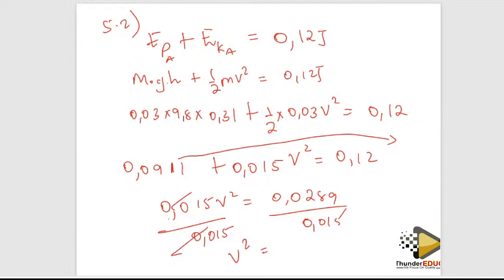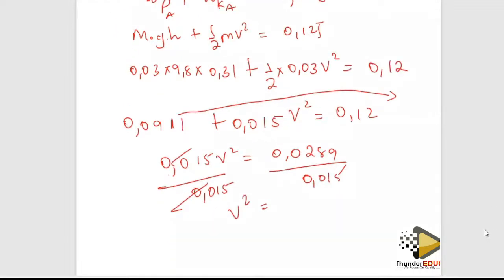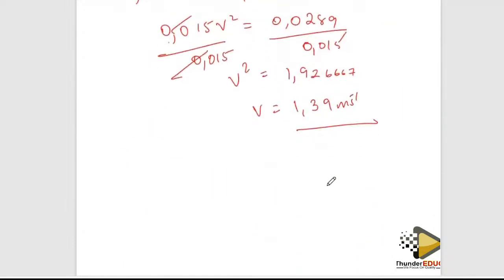Before I find the square root, let me simplify this. That's going to be 1.92667. The square root of the answer is going to give me 1.38, 1.39 when I round it off. That is meters per second. Guys, that's how I've gone about that.